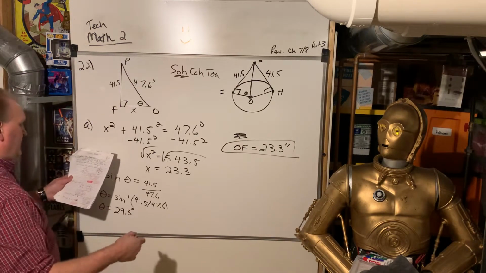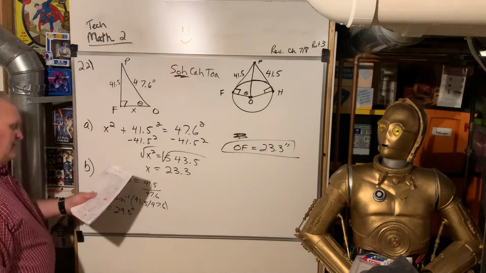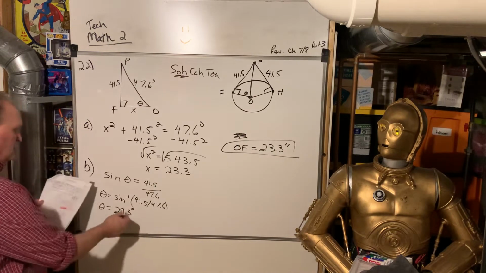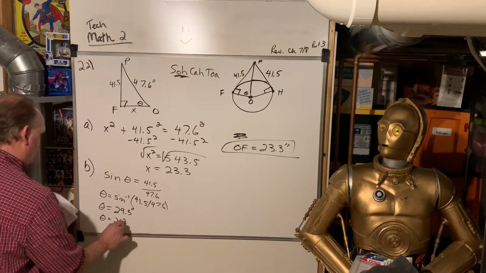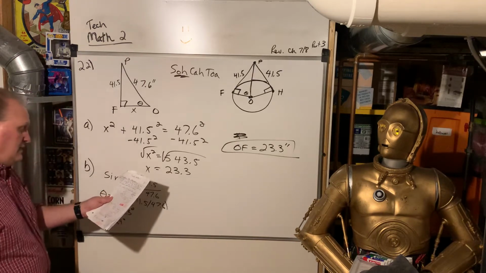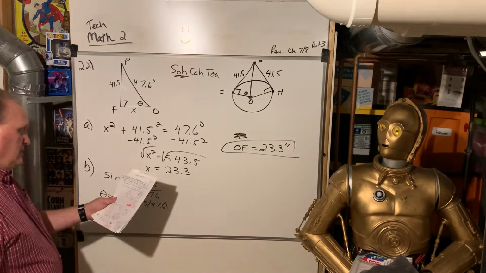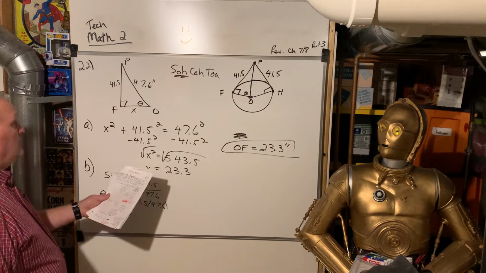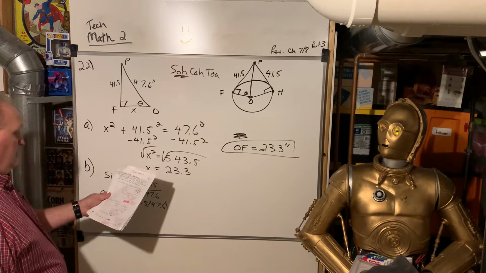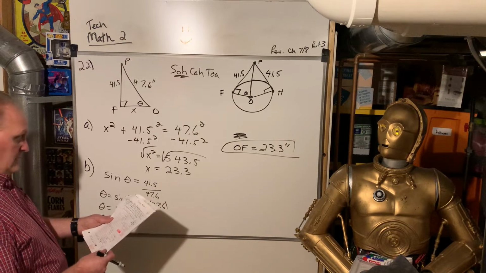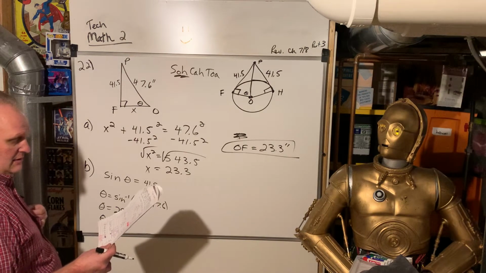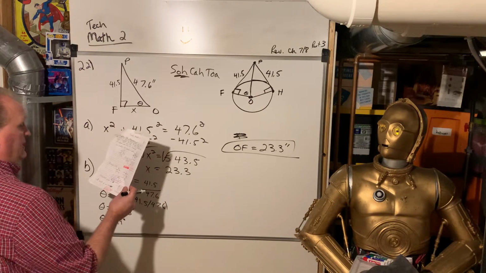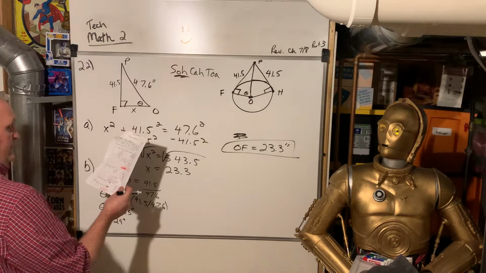And so, again, it's up to you if you round it to 29 degrees here. Actually, when I look at it, which one did I use? Hold on, what are we finding? 41.5, 47.6.